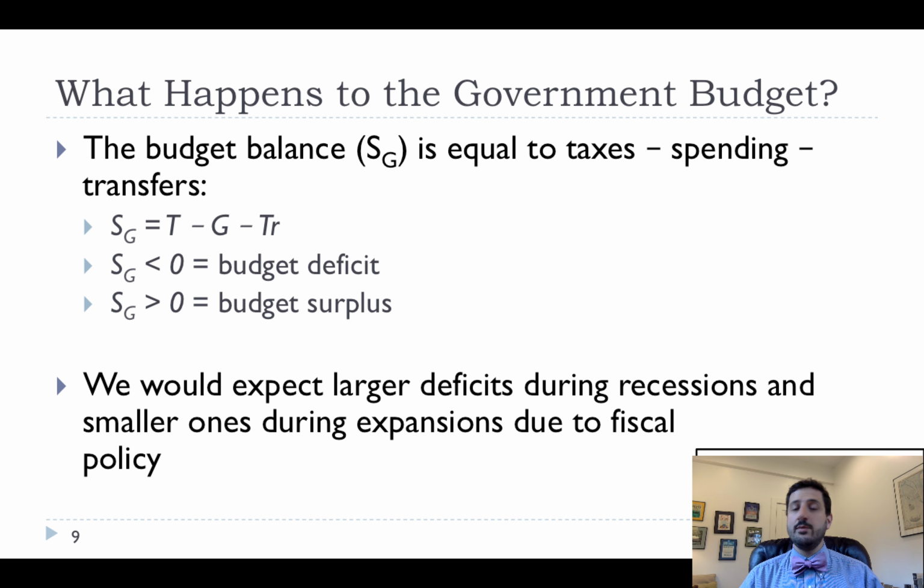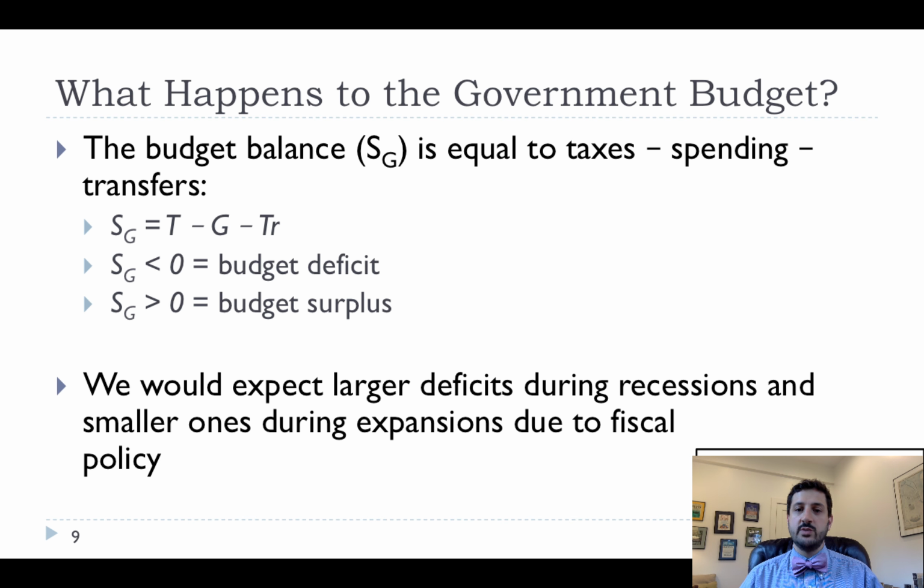Now, one thing to remember is that a lot of state governments can't really run a budget deficit. Most state governments have constitutional amendments that say they have to run a balanced budget. So when there's a budget deficit, they either have to decrease spending or increase taxes. The federal government can run a budget deficit, right?